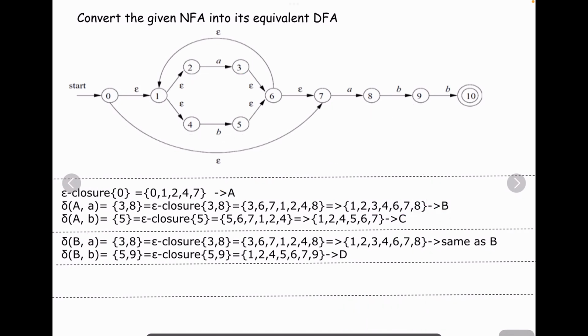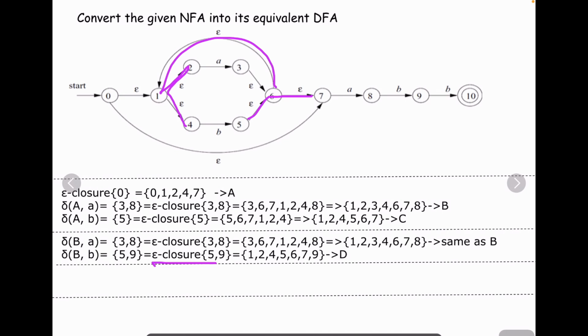Once you get 5 comma 9, again find the E-closure. The E-closure of 5 is 5, 6, 7, 1, 2, 4, and the E-closure of 9 is 9 only. It will not go to any other state.